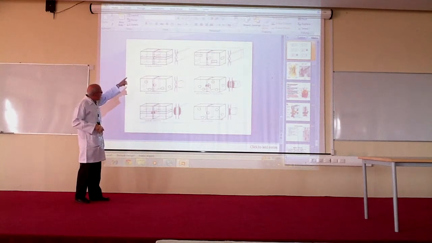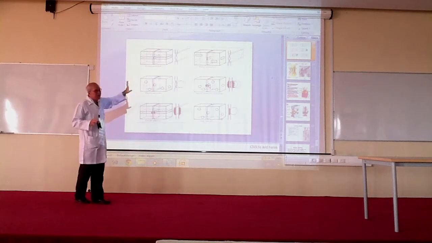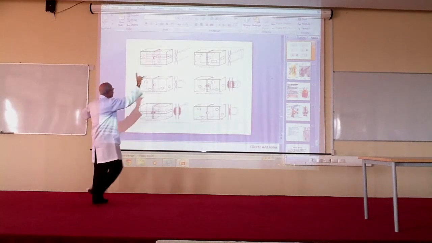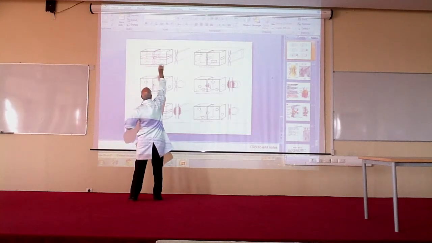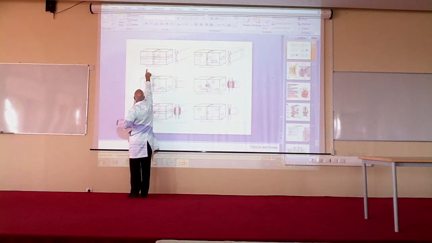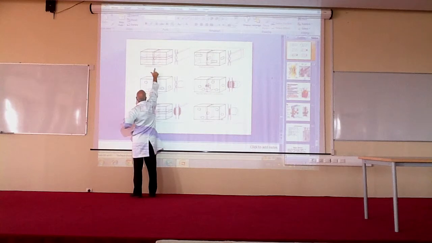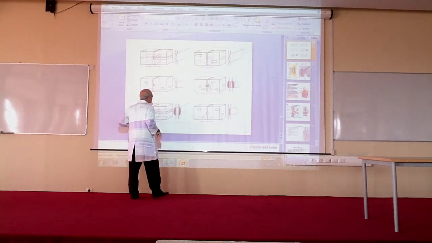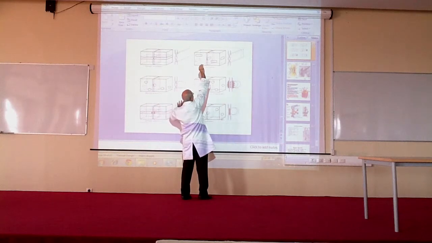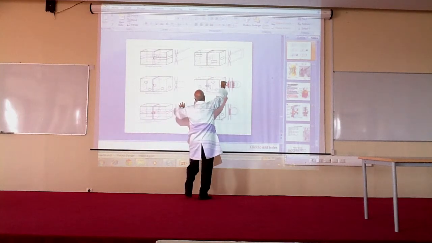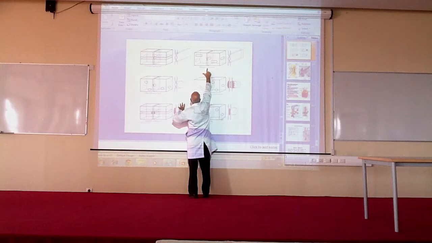If the area in the two types of junction is in the form of a belt, we call it zonular. In case of occludens or tight, we call it zonular occludens or zonular tight junction. If it's in the form of a band, we call it fascia occludens.